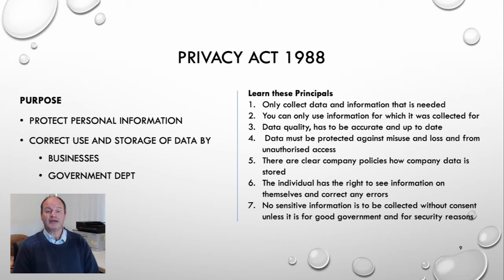Number 5, there are clear company policies how company data is stored. Number 6, the individual has the right to see information on themselves and correct any errors. Number 7, no sensitive information is to be collected without consent, unless it is for good government and for security reasons.